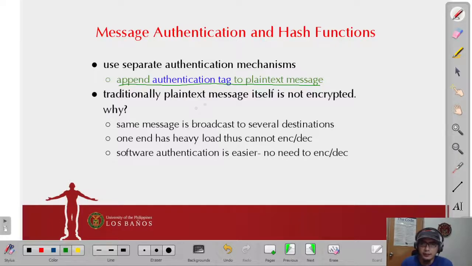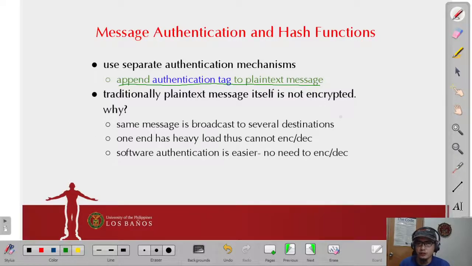Traditionally, the plain text message itself is not encrypted. So if you are only interested in authentication, there is no need to encrypt. We just add a tag to the plain text message. Although it is still possible to both encrypt and add a tag, a combination of both. We'll have an example later.